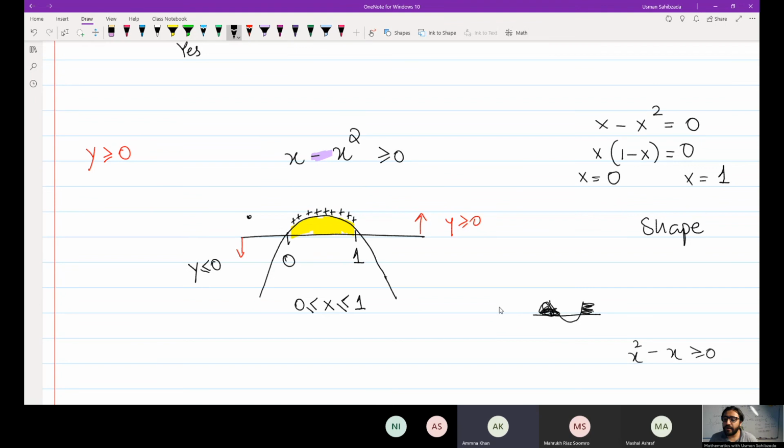Like on the parabola? Okay, on the parabola, how are you getting that point? So this is the point, let's say. Take 0.5, and you plug 0.5 in here. 0.5 minus 0.5 squared. So that's 0.5 minus 0.25. And is it greater than or equal to 0? The answer to that is yes. So you can do that.